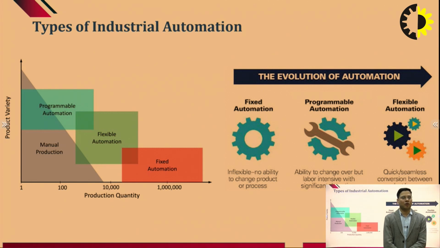Whereas the other form that came into existence is programmable automation, wherein we can have a lot of variation in the design, but the operation leads to less productivity. Coming to the present scenario, customers demand more design features and do not have the patience to wait for the product.